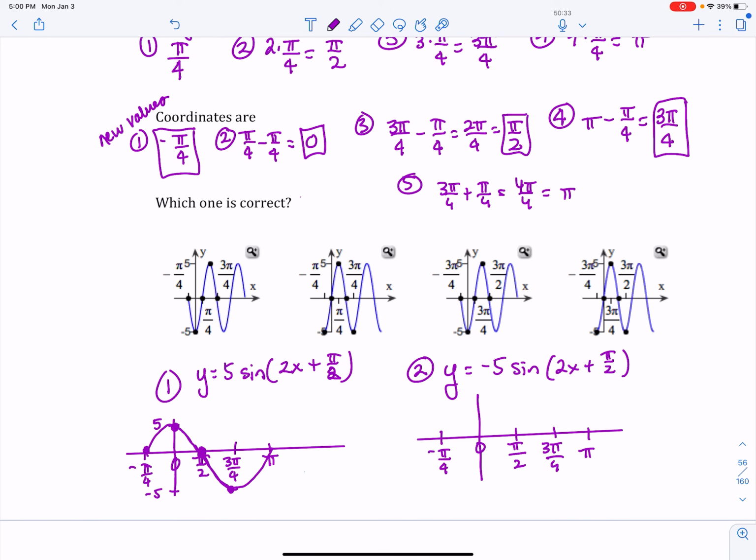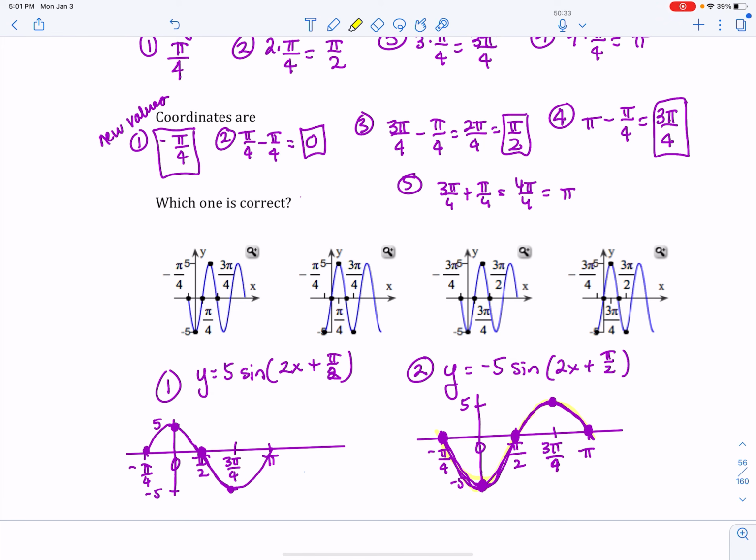So let's go ahead and do that. So 0 times negative 5 is 0. I had a positive 5, but remember we have a negative 5 now, so that value becomes negative. 0 remains 0. Negative 5 becomes a positive 5, and finally back down around. So all I've done is flip this over the x-axis because of the negative in front of the amplitude.